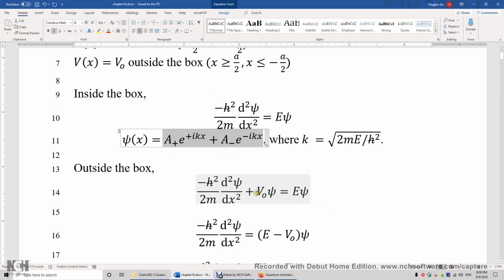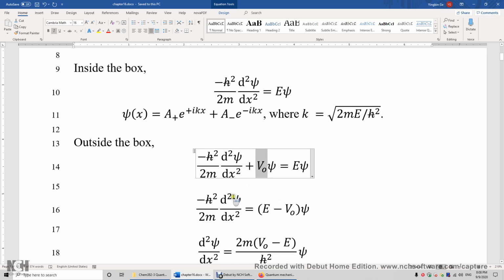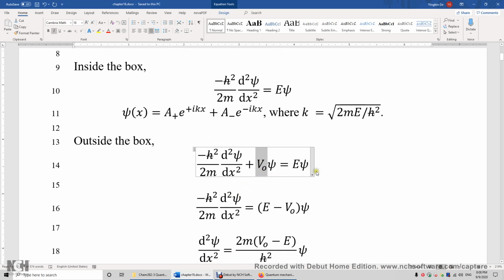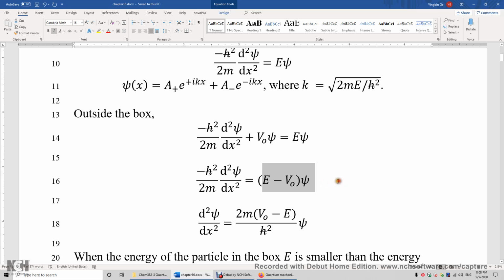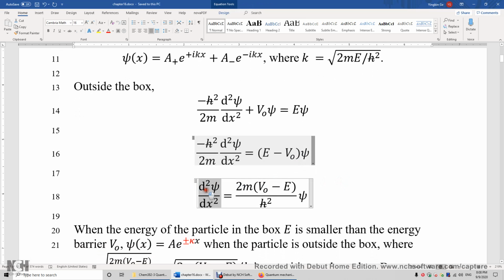Outside the box, we have a non-zero potential energy, V0. So we'll have to put this term in here, and then we move V0 to the right-hand side. Then we simplify this equation. We can see the second derivative of psi is equal to a constant times psi.